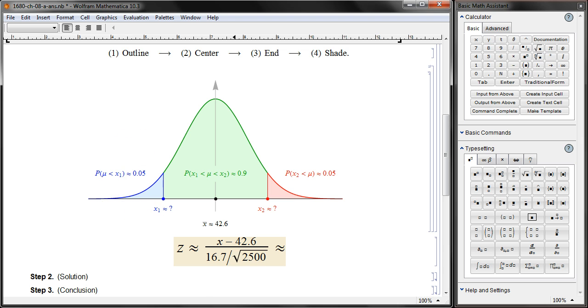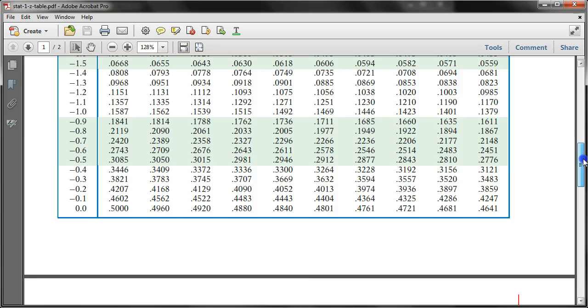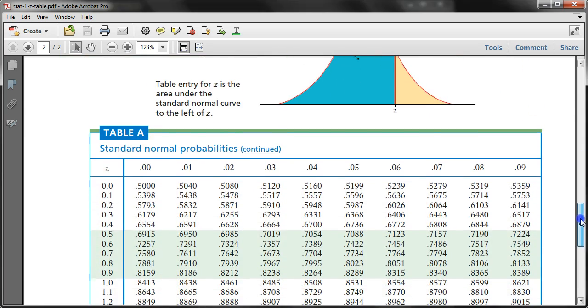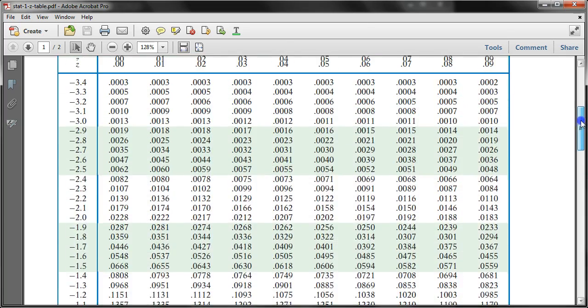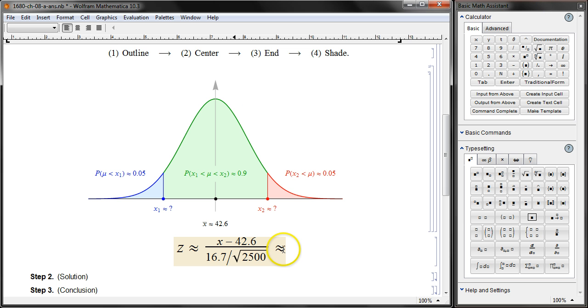What is z-score for the 5%? We did it already. It was negative 1.645, yes, right here. Negative 1.64, 0.0505, negative 1.65, 0.0495. So let's estimate it as negative 1.645. And solving that equation, you can get our x value.